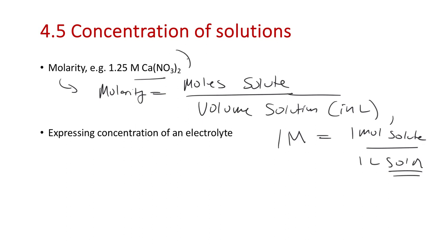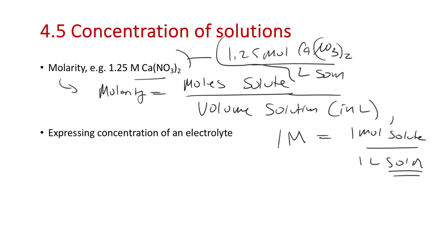So what this would mean is you have 1.25 moles of calcium nitrate per liter of solution. We'll use this capital M unit a lot, and one of the things I usually say is whenever you see the M, just think moles per liter. So it's the moles of that thing per liter of the entire solution.